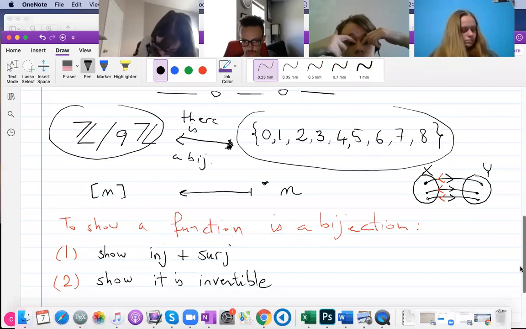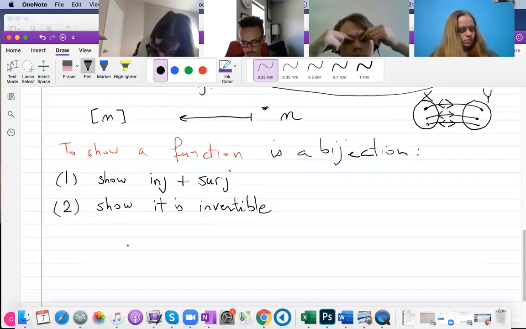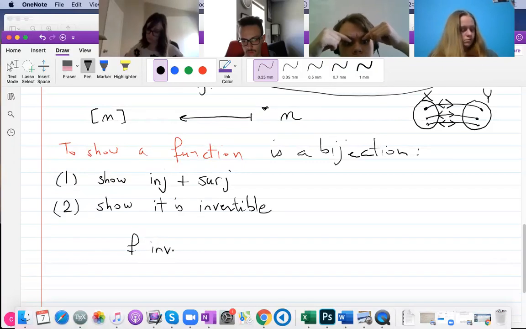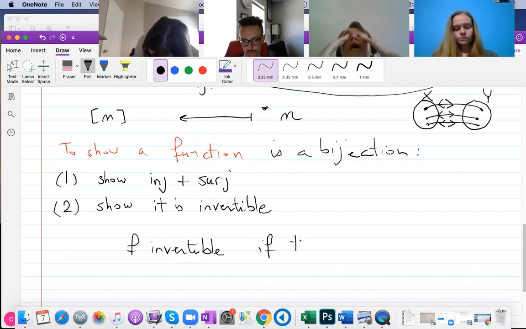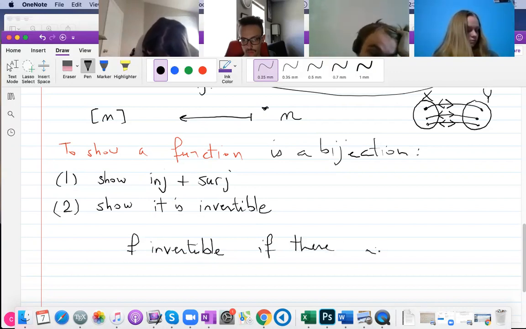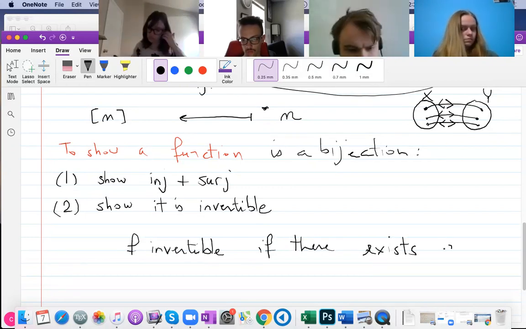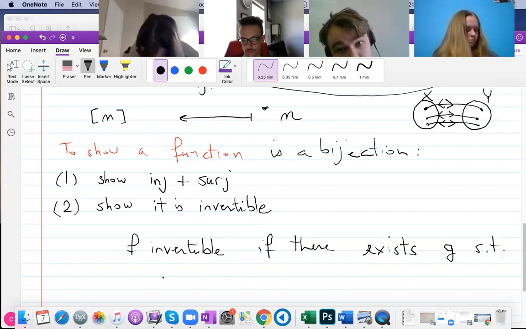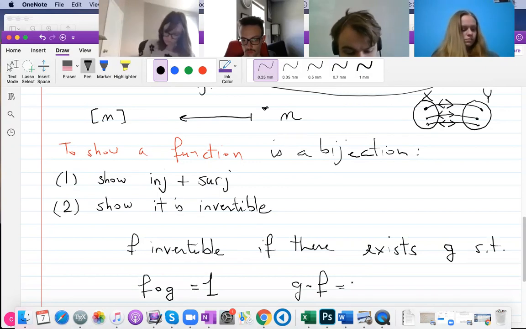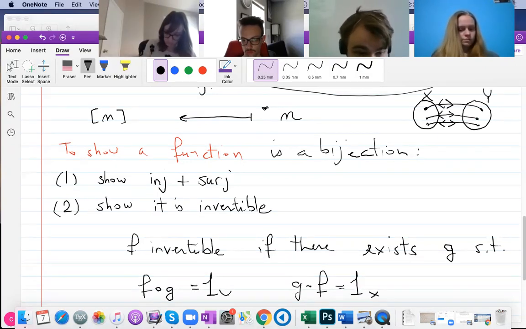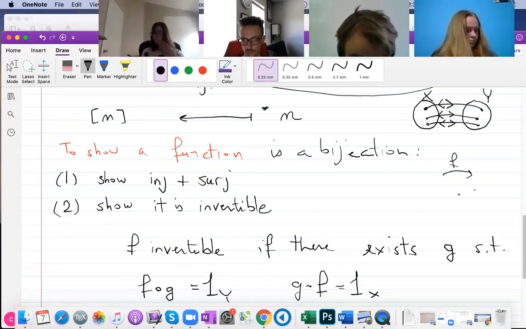And remember the definition of invertible: F is invertible if there exists a G such that F composed with G and G composed with F are both the identity function. This is the identity function of X and this is the identity function of Y. F is going this way and G is going this way.